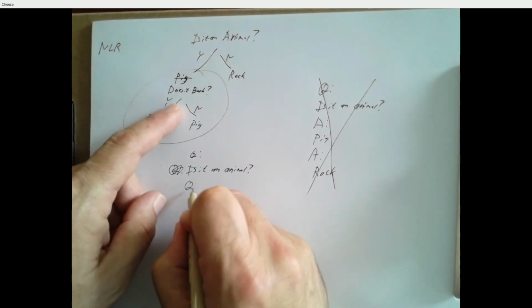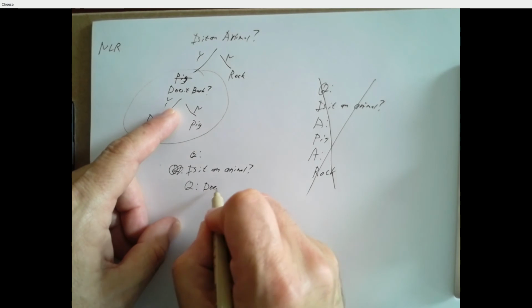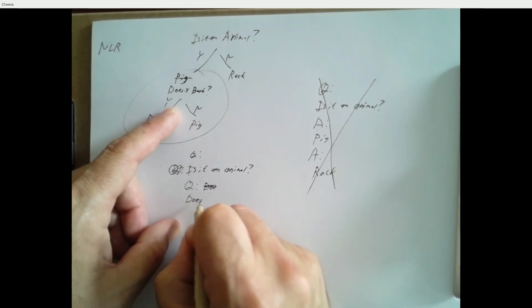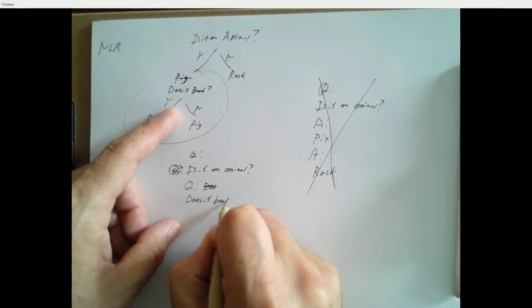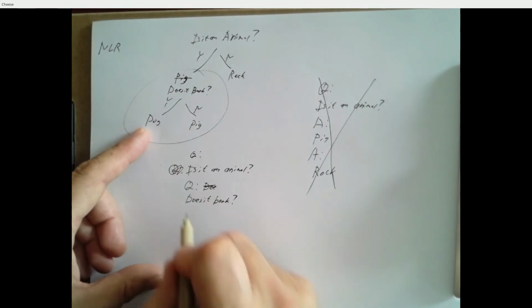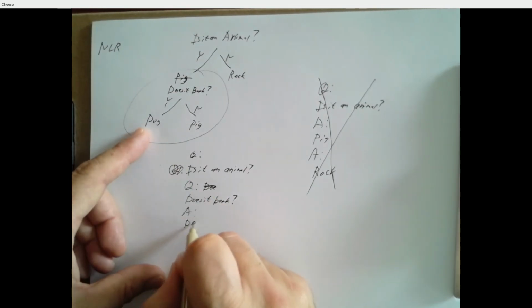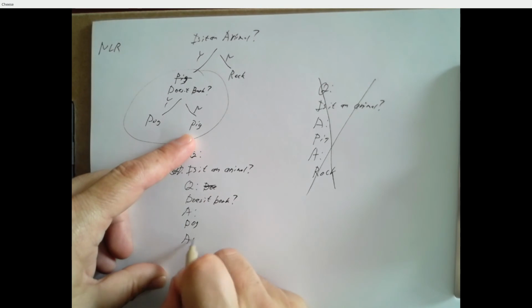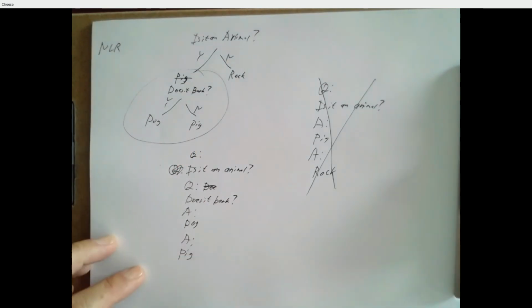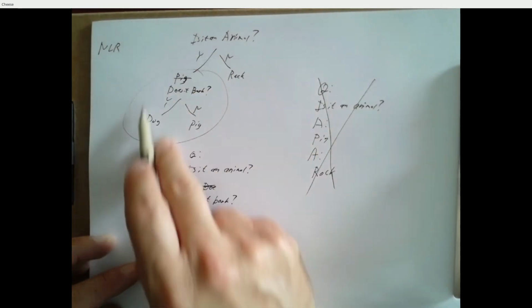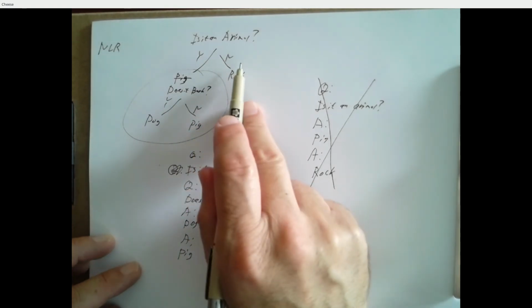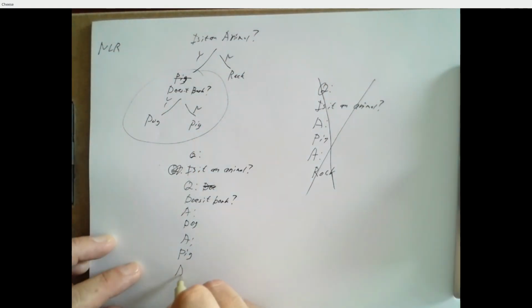The root is a question, does it bark? And then we go to the left, and that's an answer, a dog. And then we go to the right, that's an answer, and it's a pig. So we visited the node, we visited the left subtree, now we traverse the right subtree. That's an answer, and it's a rock.